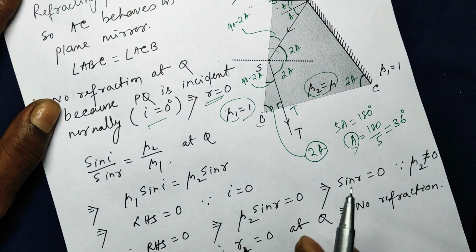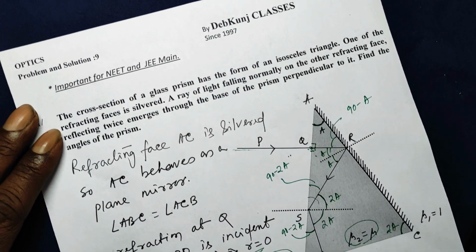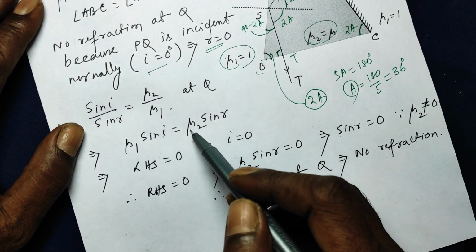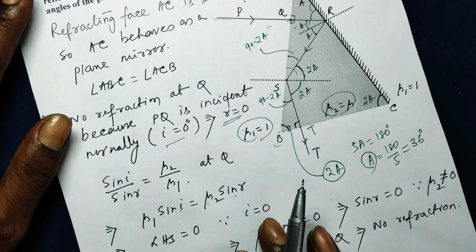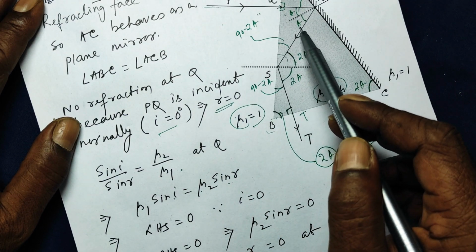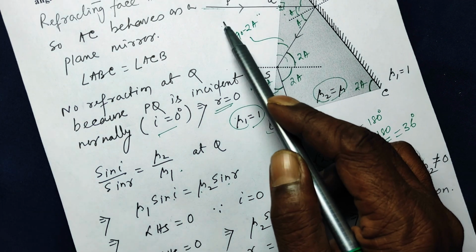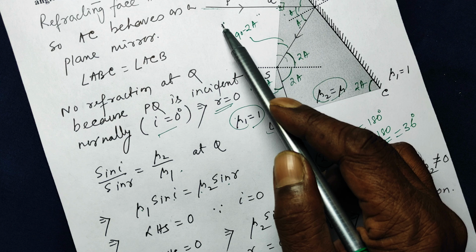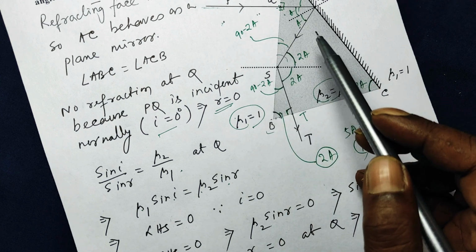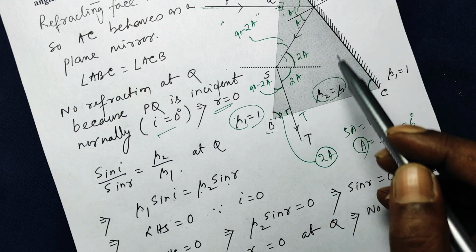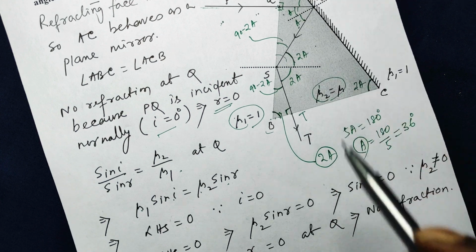By cross multiplying, you get mu1 sine I is equal to mu2 sine R. That is Snell's law. Light going from medium 1 to medium 2: sine of the angle of incidence on this side multiplied by the refractive index of this side should be equal to sine of the angle of refraction on this side multiplied by mu of this medium.